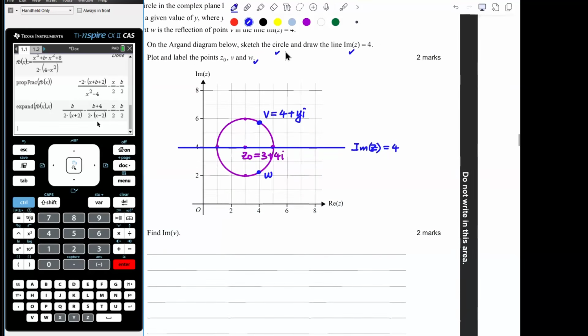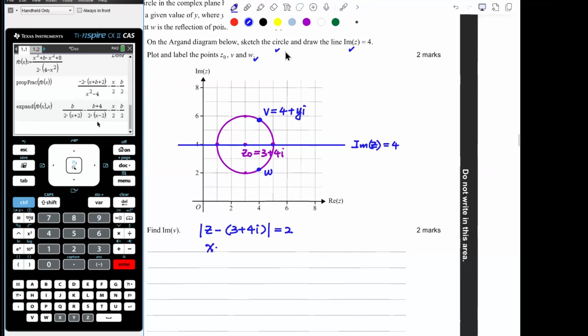Then to find imaginary v, which is my y here, we could think about, let's say, the equation modulus of z minus (3 plus 4i) equals 2, something along this line. One possible approach is you write (x minus 3) squared plus (y minus 4) squared equals 2 squared.